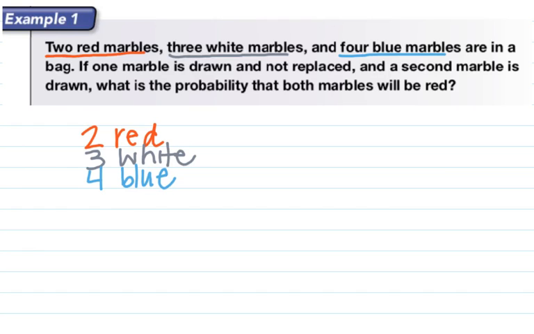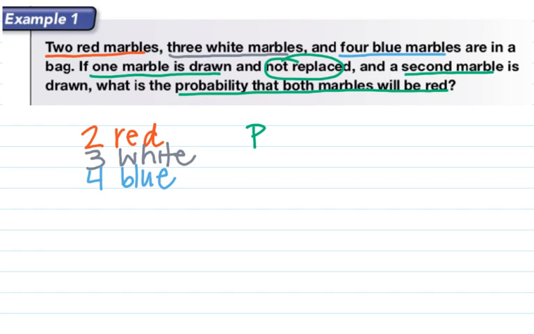And now they're telling us that one marble is drawn and not replaced, and a second marble is drawn. And we want to know the probability that both marbles will be red.